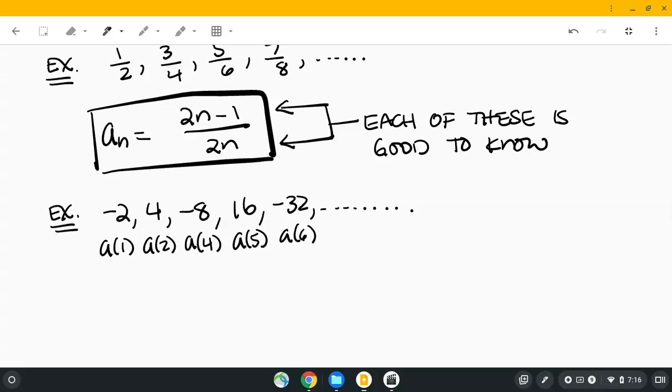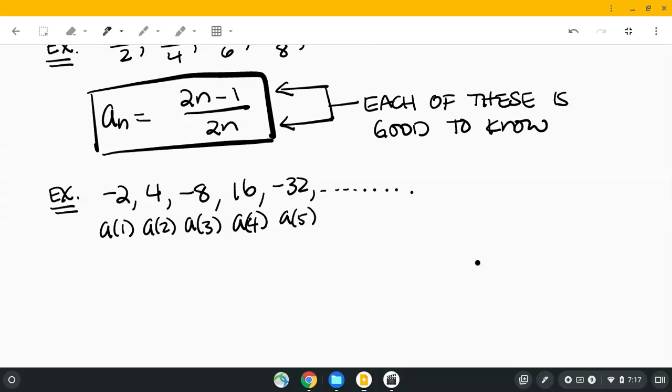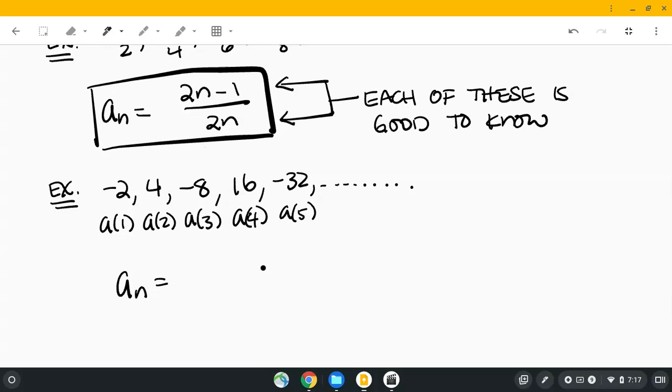Okay. Oh, okay. I know. Let's learn how to count, right? 1, 2, 3, 4, and 5. Okay. All right. So we're trying to find our nth term formula. Okay. So we know we're going to have a -1 involved.